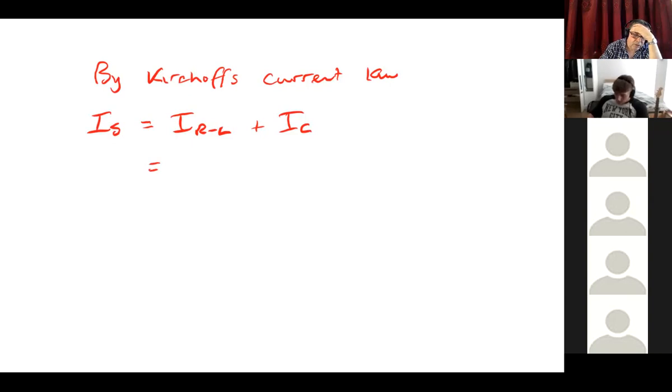IRL was in polar form. It's 3.748 angle minus 51.35 degrees.